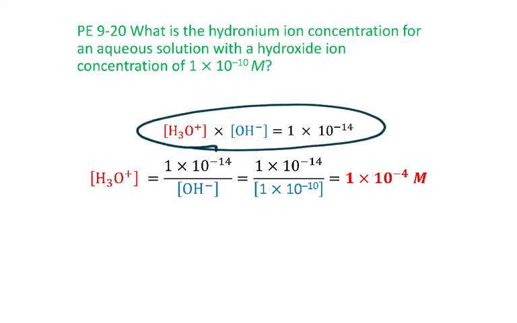So we start with the product constant, solve for the desired unknown, plug in what we know, and calculate 10 to the negative 4 molar.